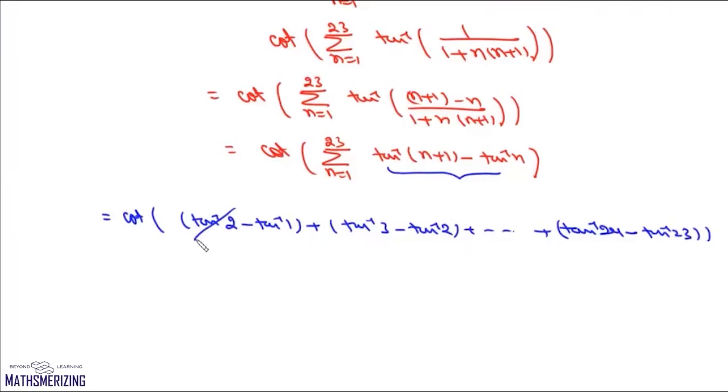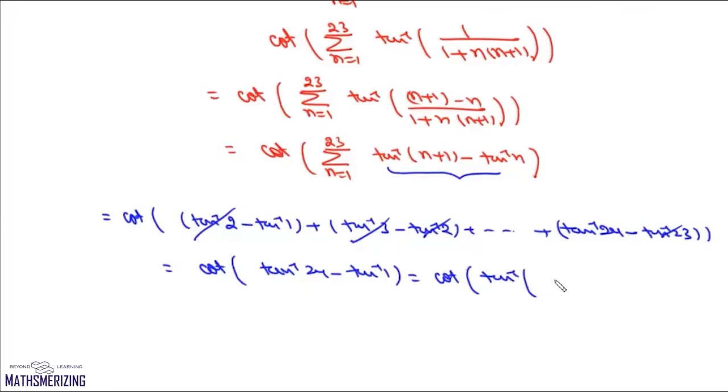Now here these terms will cancel out, and then in the end we'll get cot of tan inverse 24 minus tan inverse of 1, which we can write as cot of, now tan inverse x minus y, so it'll be 24 minus 1 upon 1 plus 24, so that'll be 25.